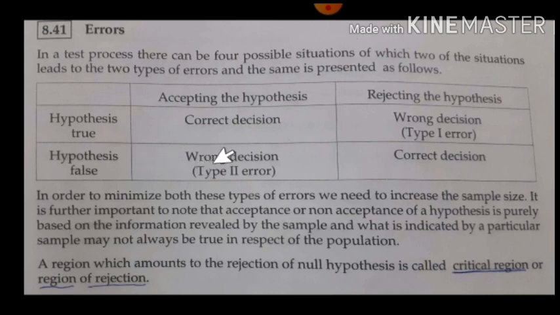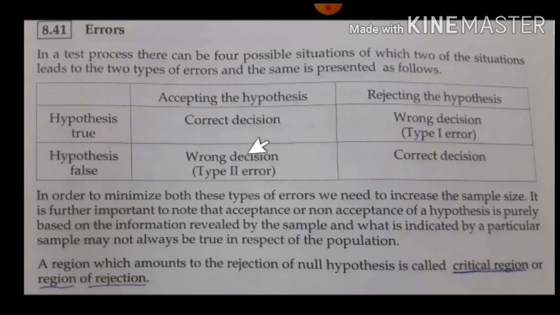If you are rejecting the false assumption, then that is a correct decision. So these four possible situations, you need to explain when they ask you to discuss type 1 and type 2 error. Write the table form, then write what you have written in the table in a sentence.